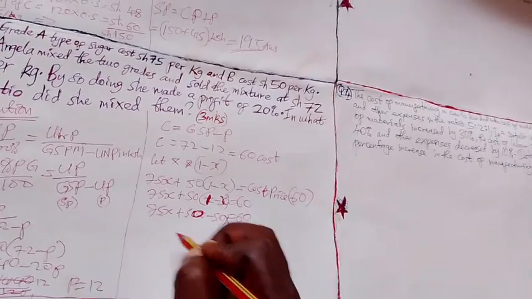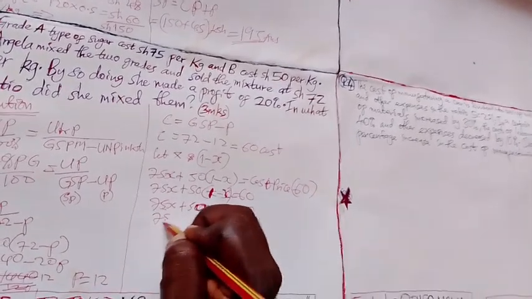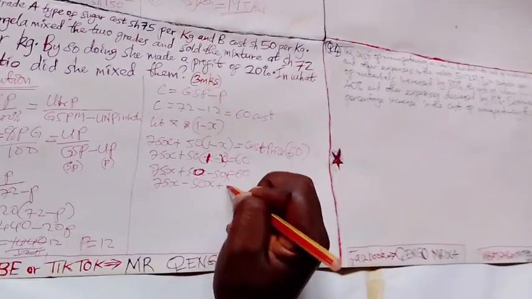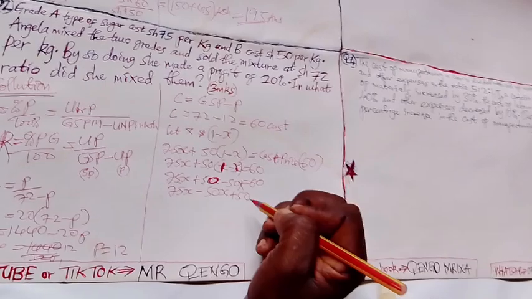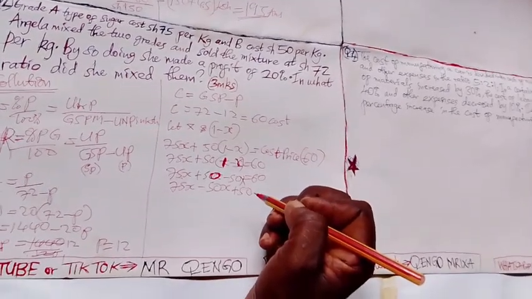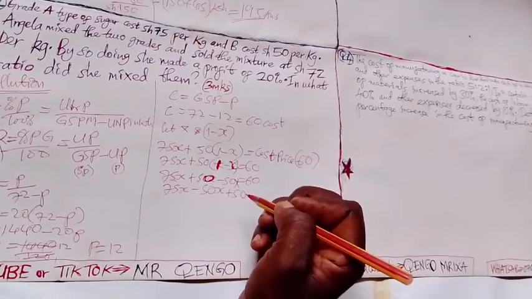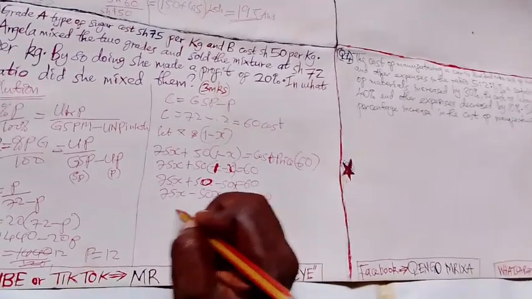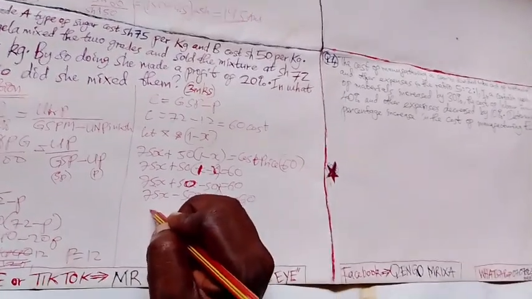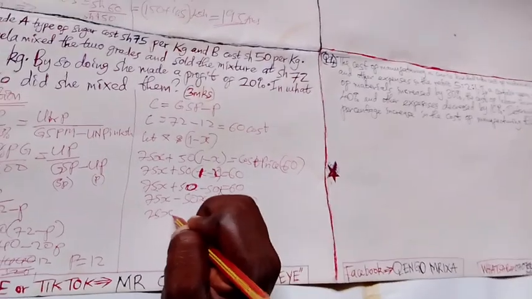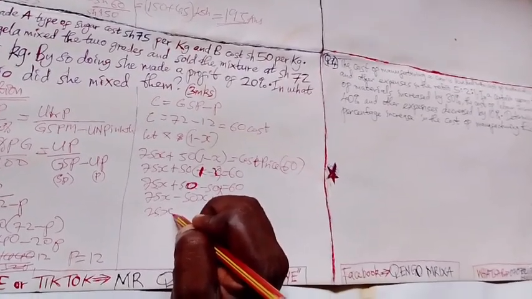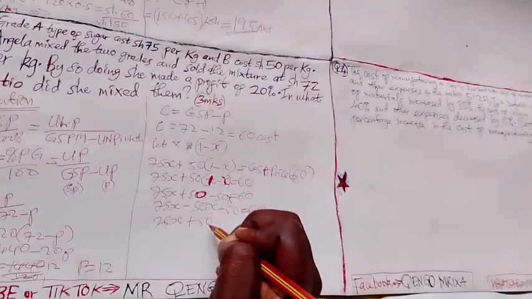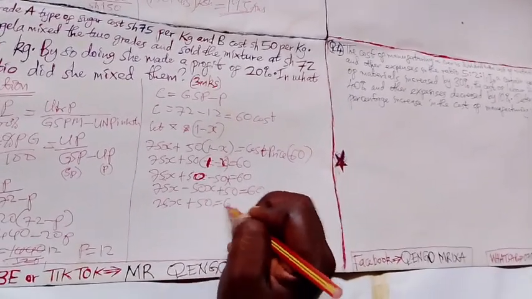Therefore, this will give us 75x minus 50x plus 50 is equal to 60. This will give us 25x plus 50 is equal to 60.